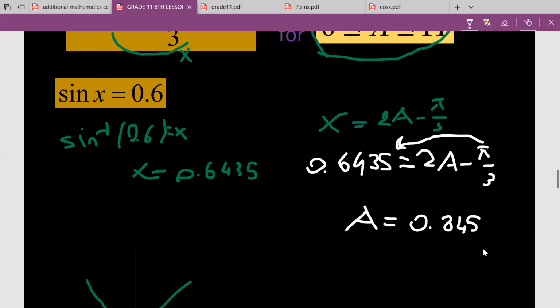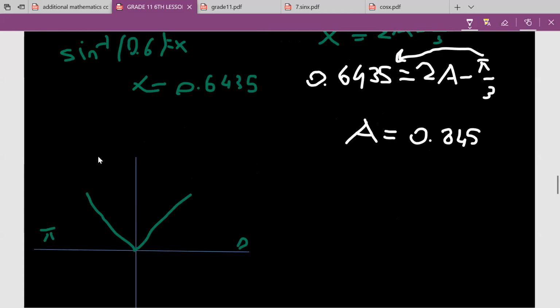And this is the first value. If you remember, to find the value of sine for the second quadrant, what do we do? We subtract from pi: pi minus 0.6435, and the answer equals 2.498.